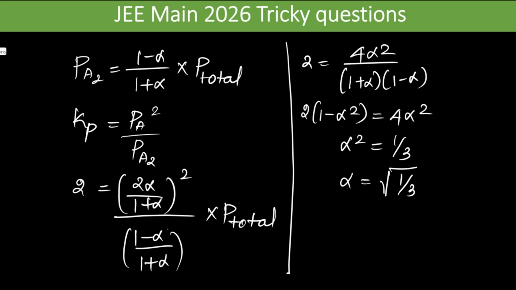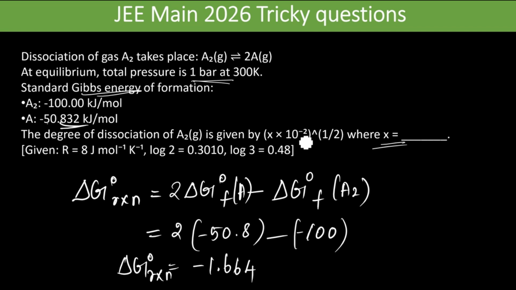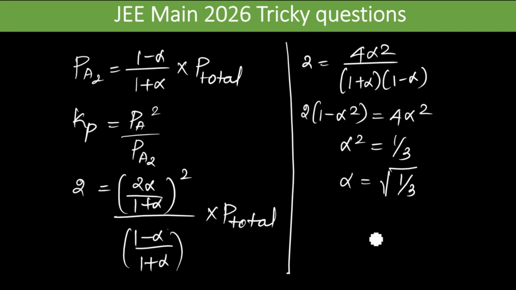In the question they have given x into 10 to the power minus 2, so I am converting that to x into 10 to the power minus 2, which will be 100 divided by 3, to the power 1 by 2, into 10 to the power minus 2.